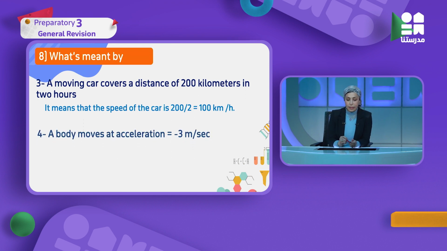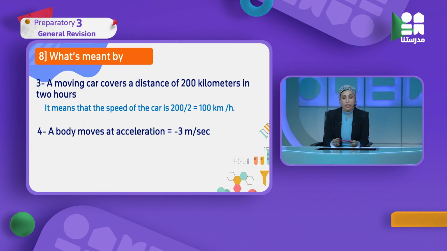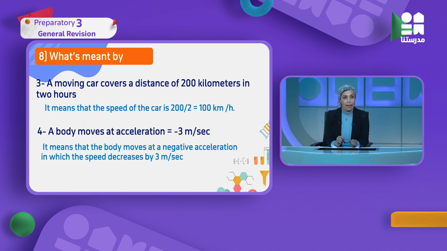What's meant by a body moves at acceleration equal -3 meter per second square? It means that the body moves at negative acceleration. I use the minus sign to express it in the definition, meaning I'm moving with negative acceleration. By how much? By changing my speed by 3 meter per second, or by decreasing my speed by 3 meter per second.